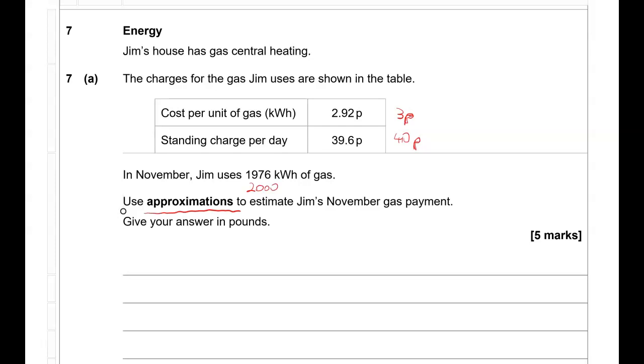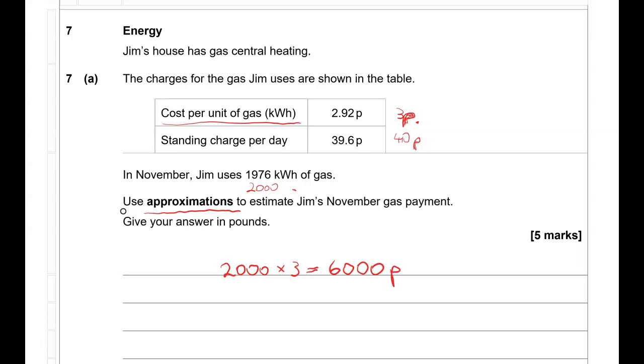So this is the cost per unit, and this is how many units. So if we do 2000 times 3, that will give us 6,000 pence as the cost for 2000 units.